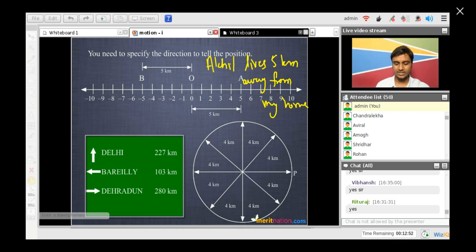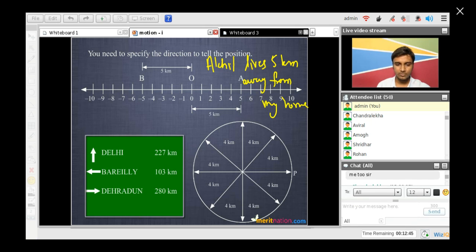If I say this statement, my friend is Akhil, he lives 5 kilometers away from my home, will it be a correct statement? Will you be able to find his home or not? What else do you require for this? Direction you require, right? Very good. Excellent answer. Thank you so much for your response.